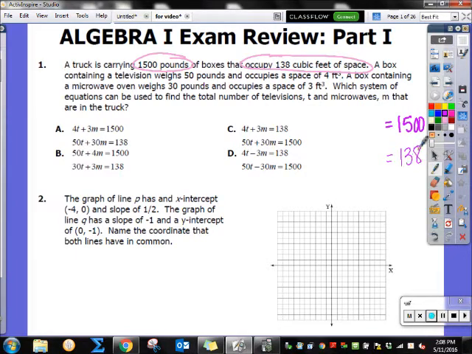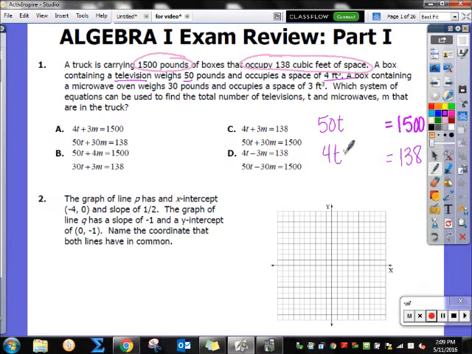So now we just have to match up how much the television and how much the microwave weighs for the correct equation. So a box containing the television weighs 50 pounds, so I know that needs to go with my 1,500, so 50 times however many televisions are in there, and then it occupies 4 feet of space, so that's going to be 4T.